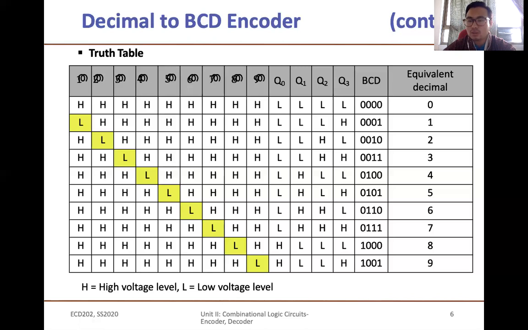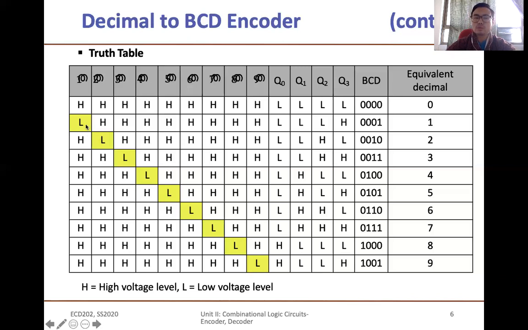So therefore, your output will be 0 at Q3, Q2, Q1, Q0: 0000. So therefore, your decimal equivalent output is 0. When you don't close the switch from 1 to 9, you have output 0.